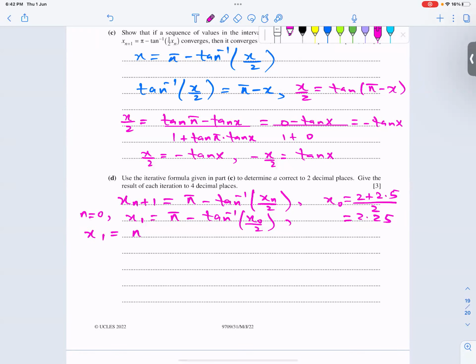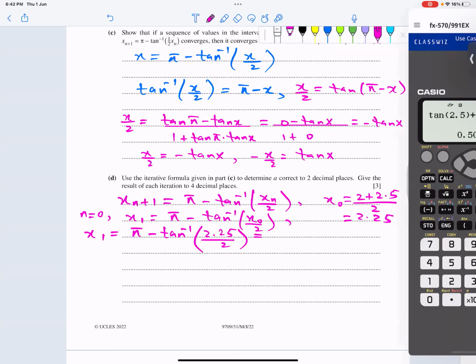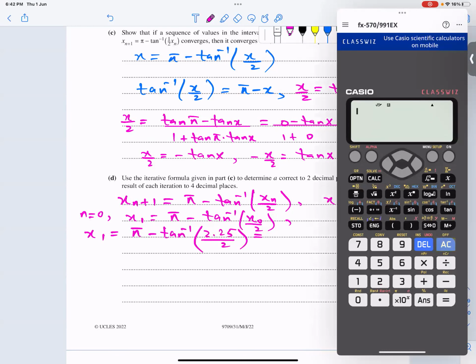So now put this value here. x1 will be pi minus tan inverse of 2.25 divided by 2. On the calculator: shift pi minus shift tan inverse, fraction 2.25 divided by 2, press equal.